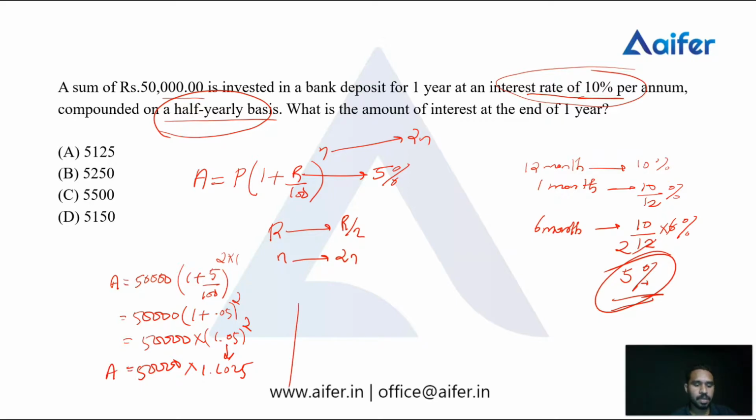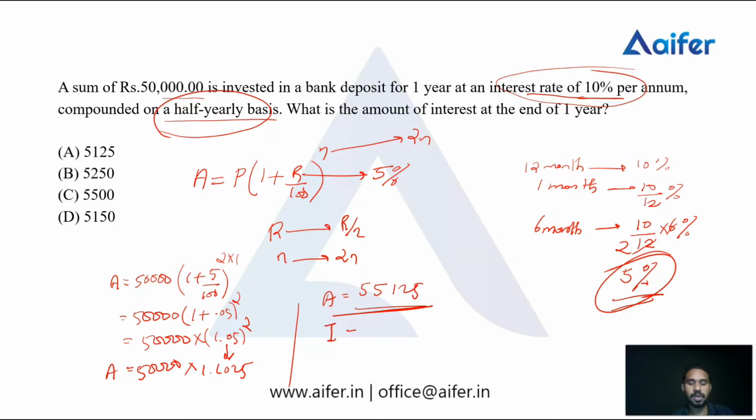So A is equal to 50,000 into 1.1025, which is 55125.